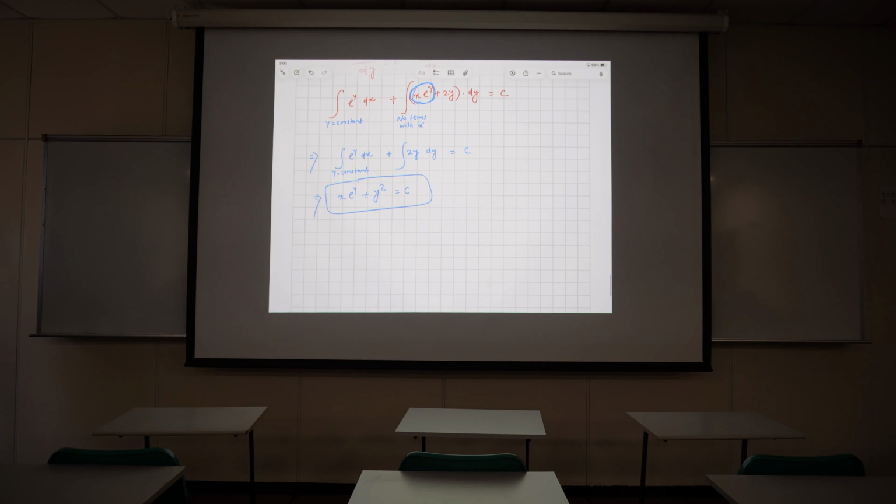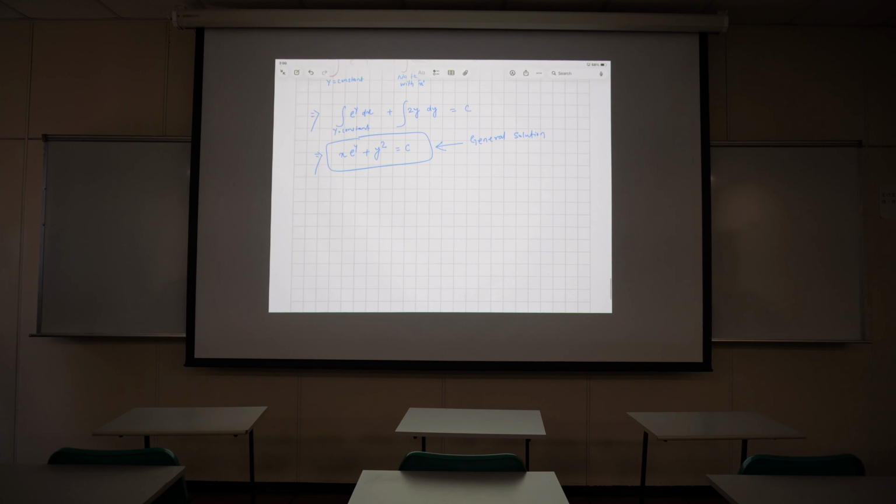So what I need to do now: we can treat this solution as a general or generic solution. So I need to find out the specific solution. That means I can treat x is equal to 0, e to the power 1 plus 1 square, because y is 1 now, is equal to c. That gives me c is equal to 1.